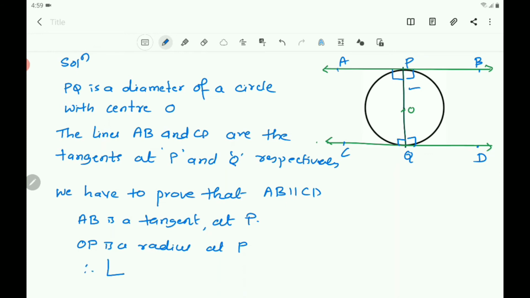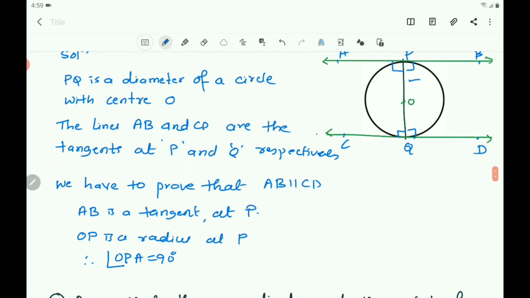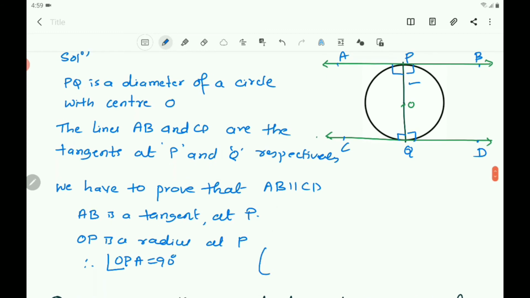Angle OPA must be equal to what? 90 degrees. So what is the reason? You can give here: radius at the point of contact is perpendicular to the tangent.